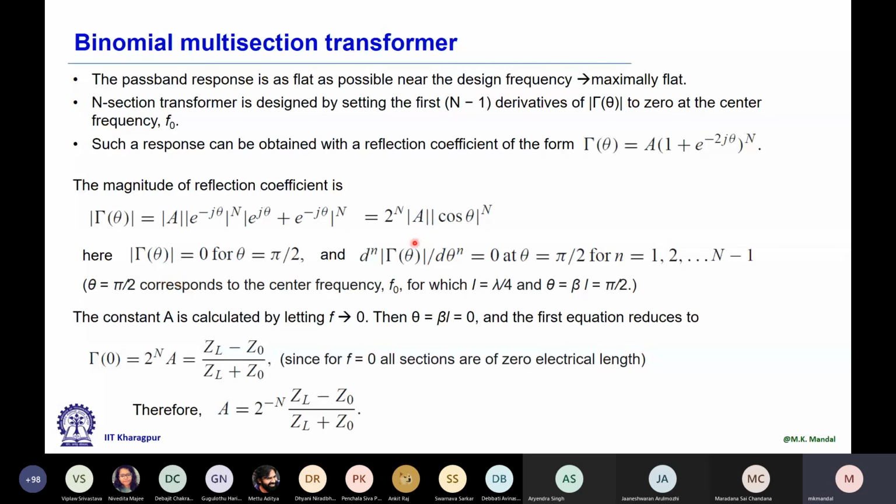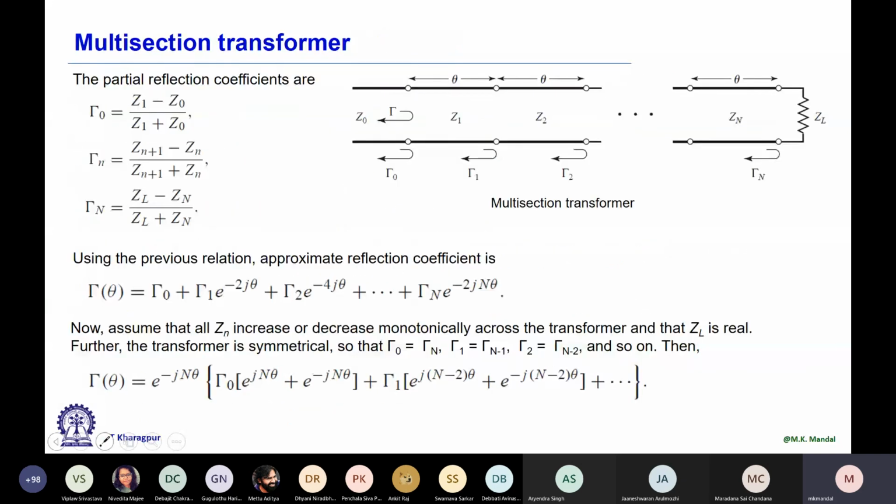Now next job, we need to find out what should be the value of A, and then from that we will find out what should be the characteristic impedance of different sections. So that means theta already we know it should be 90 degree. Then what should be this Z1 value, Z2 value, till Zn value?